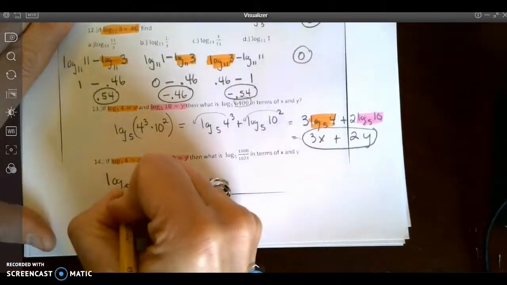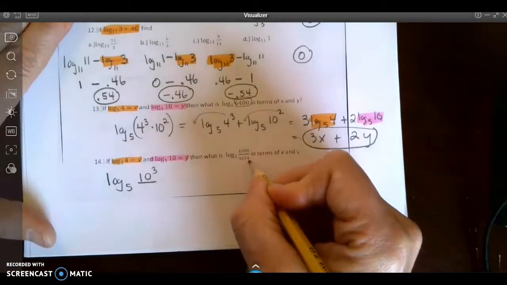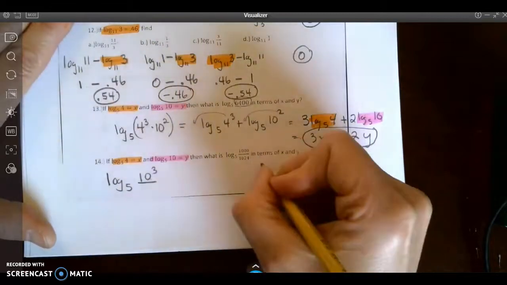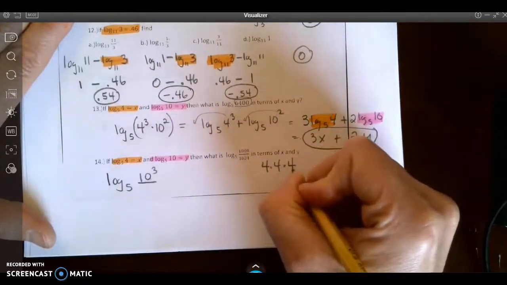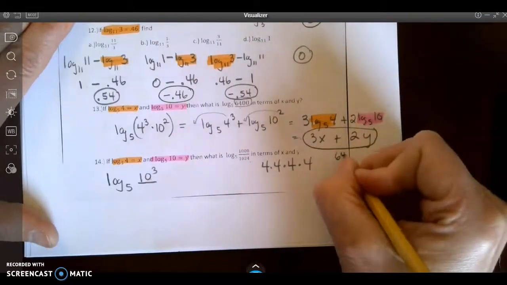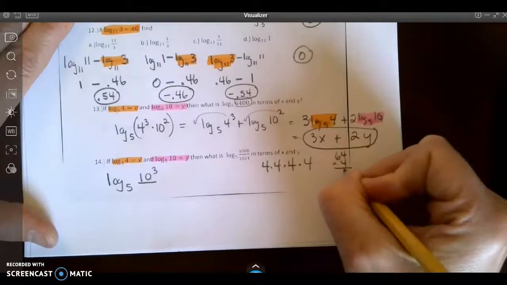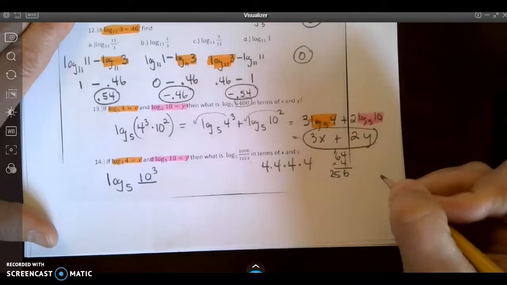So log base 5 of 10 cubed. I'm thinking 1,024 is some kind of multiple of 4. 4 times 4 is 16 times 4, 64 times 4, 256.